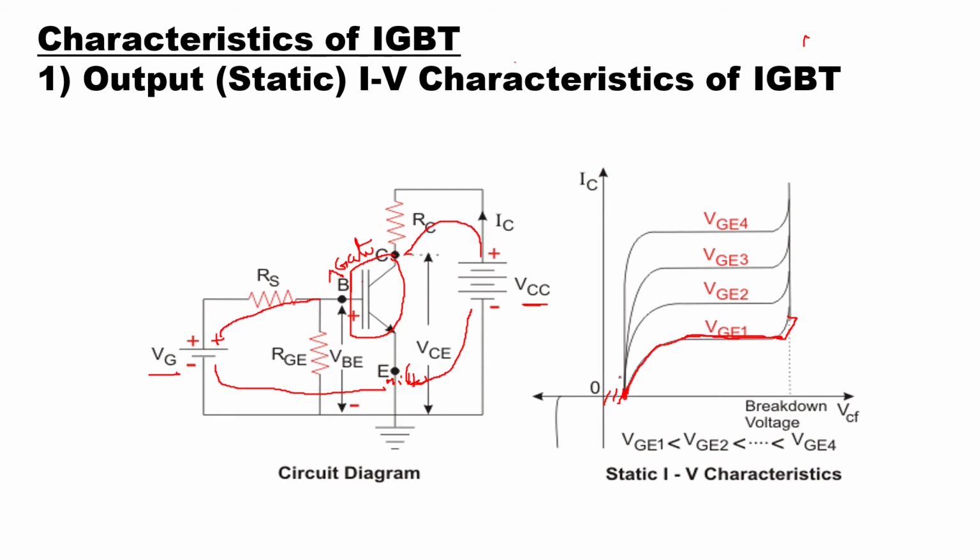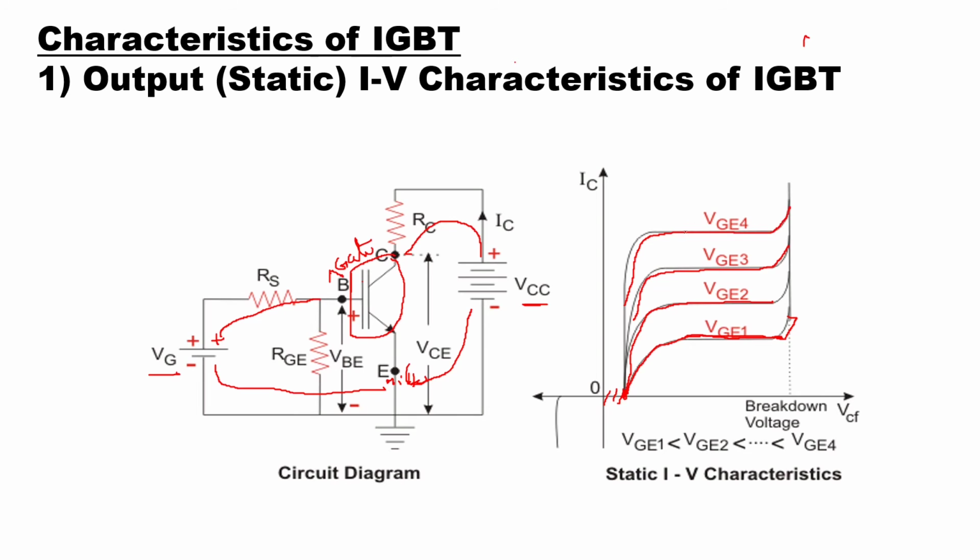Similarly, if you increase the gate voltage, the magnitude of the current between the collector and emitter will increase. It will remain at some constant value and then go into saturation. Again, if you increase the gate voltage, the magnitude of the current will increase and go to saturation after some time.